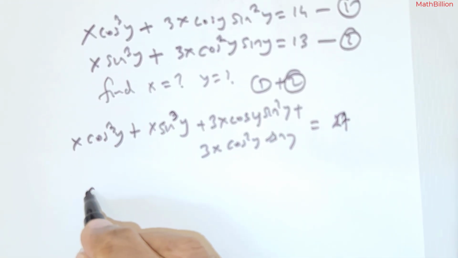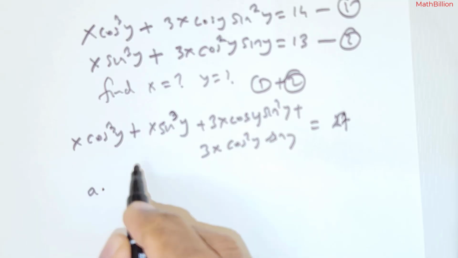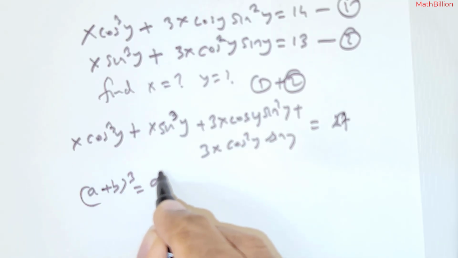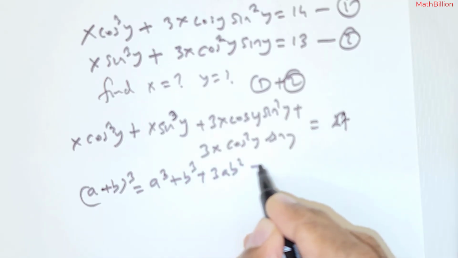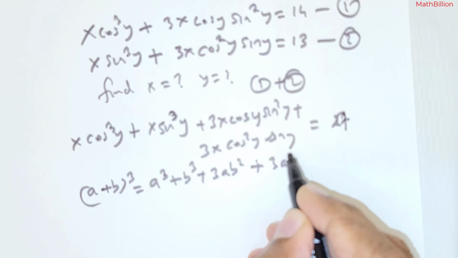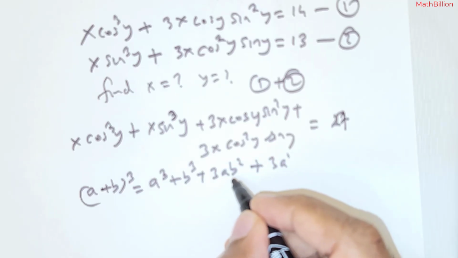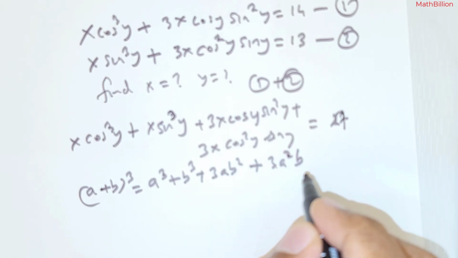Now this is of the form, if I were to take x out, a plus b the whole cubed, which is a cubed plus b cubed plus 3ab squared plus 3a squared b. I have written it as 3ab squared, so you have to have here 3a squared b.